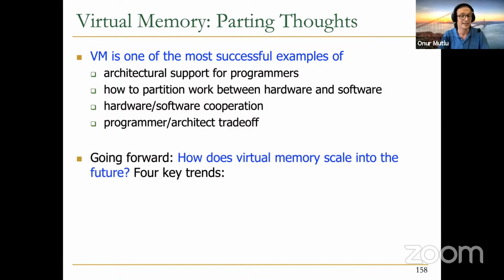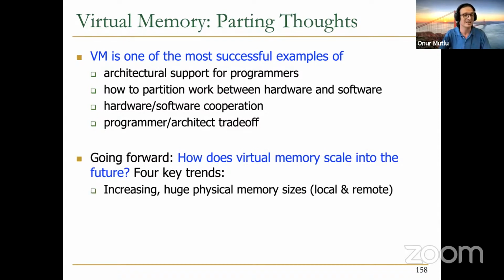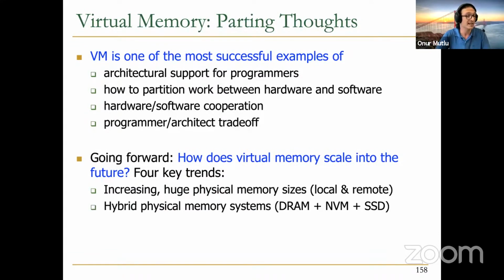But going forward, how does it scale into the future? It's not doing very well, in my opinion. And there are a lot of papers that are written on it. I'm going to show you some pictures of it also. But basically, we have increasingly huge physical memory sizes, both local and remote. And 256 terabytes are starting to sound small for our memory sizes, basically, because data is huge.